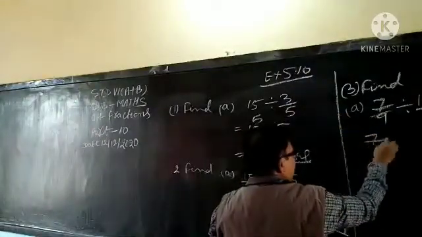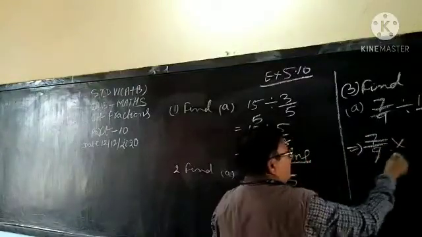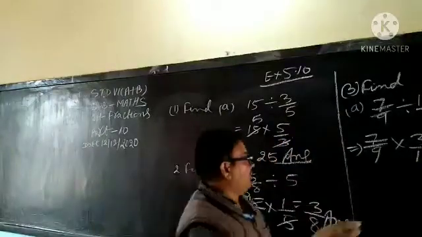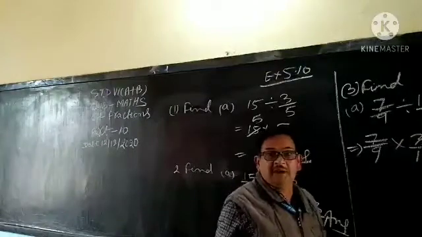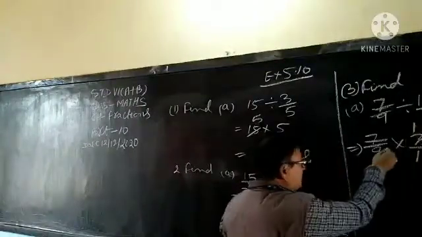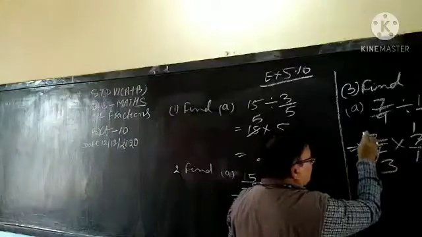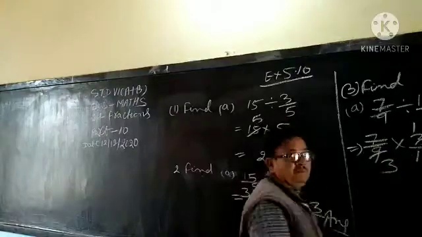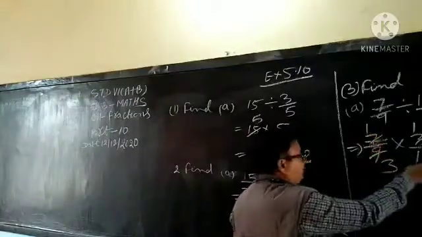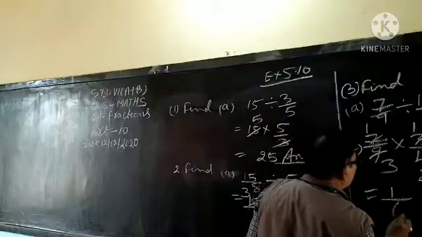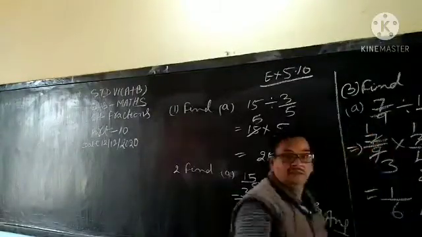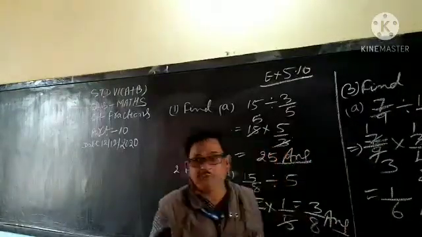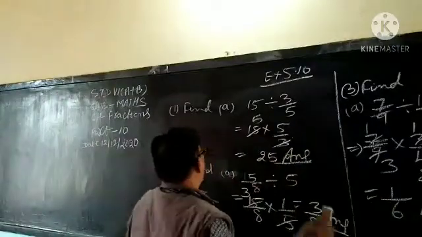So 7 by 9 into 3 will go up and 14 will come down. Now 3 divided by 3 is 1, and 9 you will divide with 3, so 3 will come. 14 you will divide with 7, 7 divided by 7 is 1, and 14 divided by 7 is 2. 1 into 1 is 1, and 3 into 2 is 6. So your answer is 1 by 6. Is it clear? Understood now?